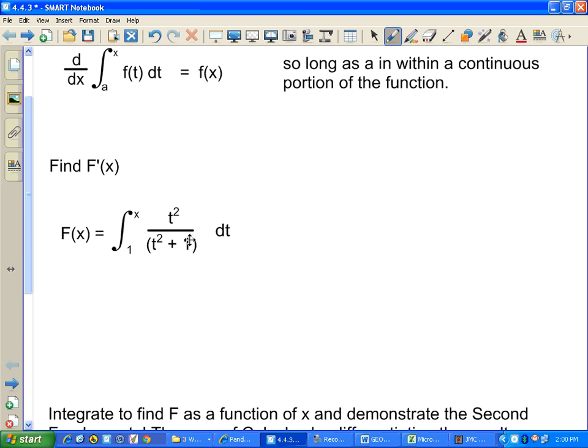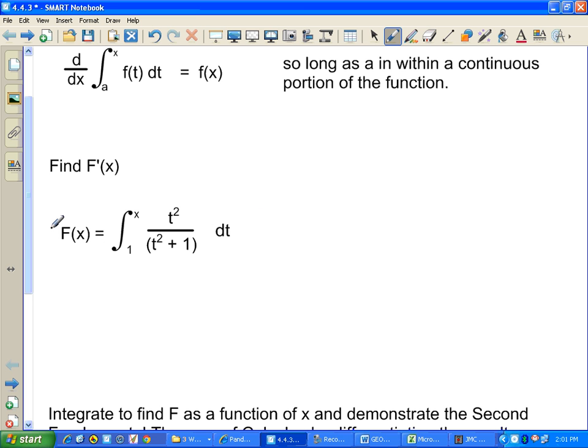So 1 is defined, right? I could put 1 in here and it would be defined because I'm not dividing by 0. And in fact, this entire function is defined everywhere. So it's continuous everywhere because no matter what number I put in here, I'm going to get a positive out when I square it. And if I add 1, that's still positive, and so it'll be fine.